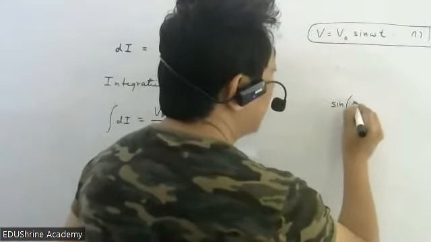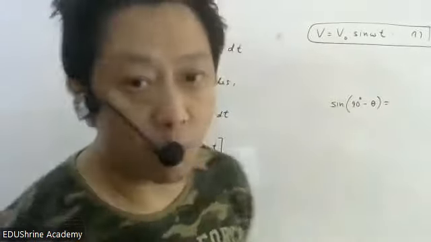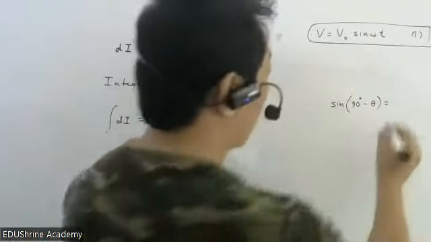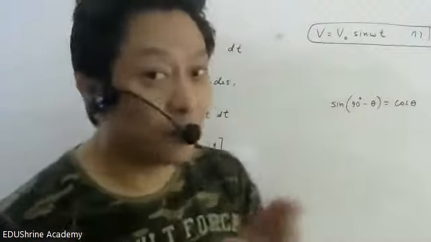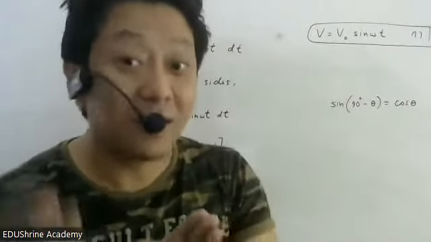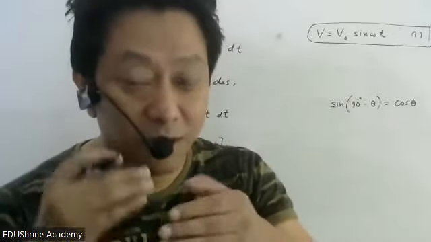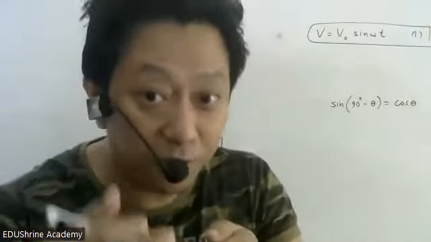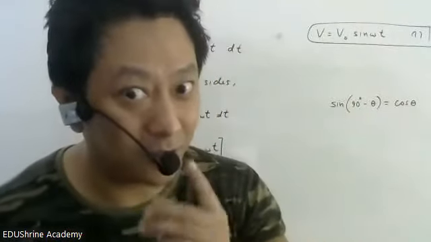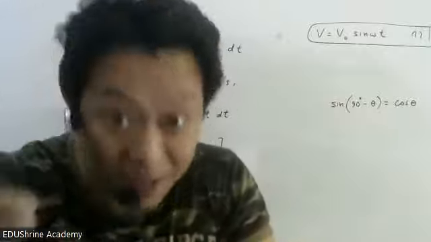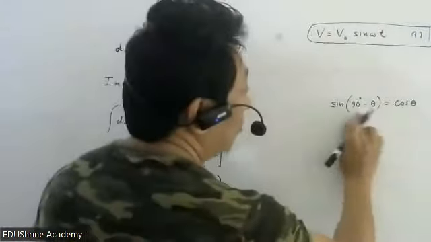Sine 90 minus theta is what? Cos theta. But I told you, we don't want to write it this way. We want to write theta minus 90, because that will help us understand whether the phase is more or less than voltage. In case of capacitor, we wrote omega t plus 90. That way I want to write, so let me do it the other way around.